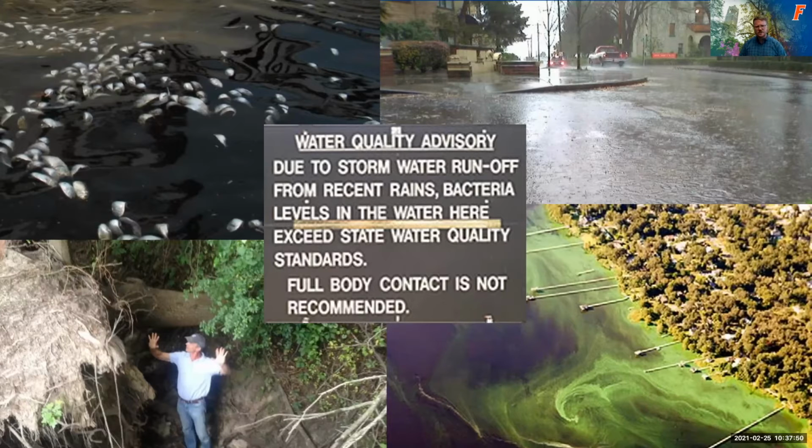We have channel incision in certain areas. This used to be a small farm that got turned into an apartment complex. So it was a very narrow channel, about 5 feet wide, and now it's more like about 15 feet deep.